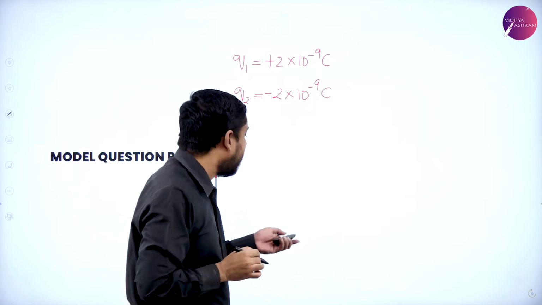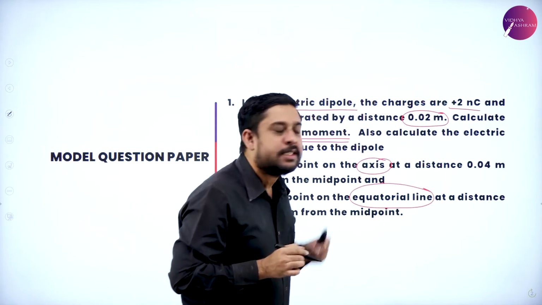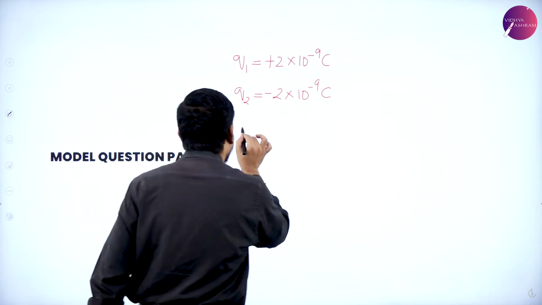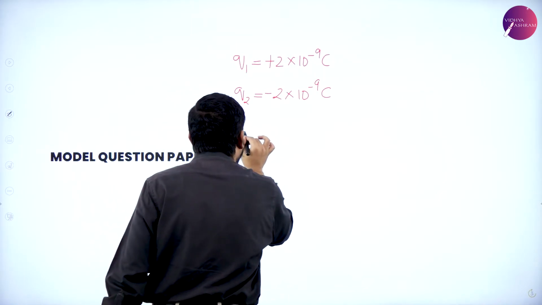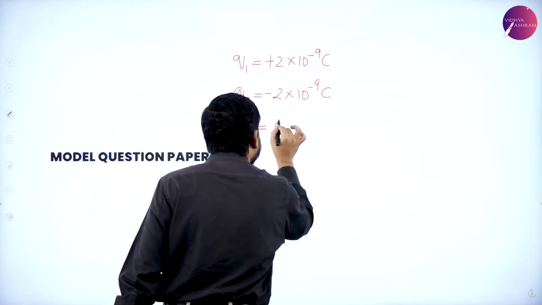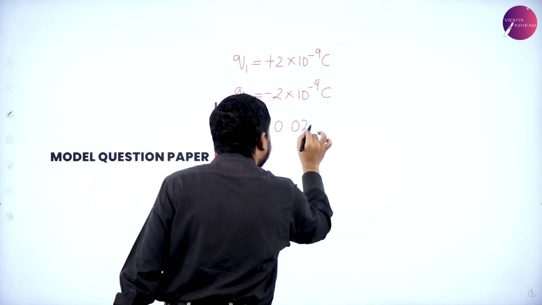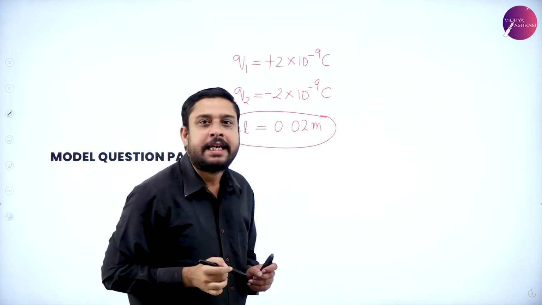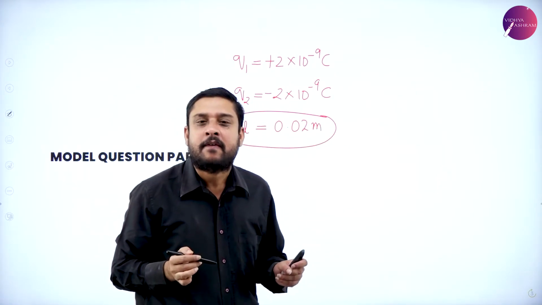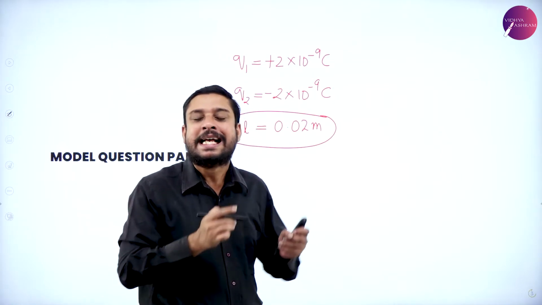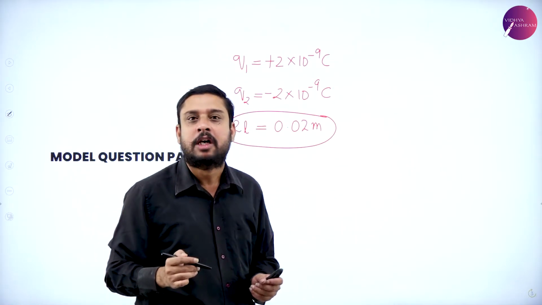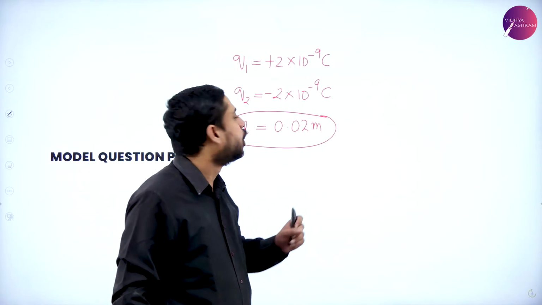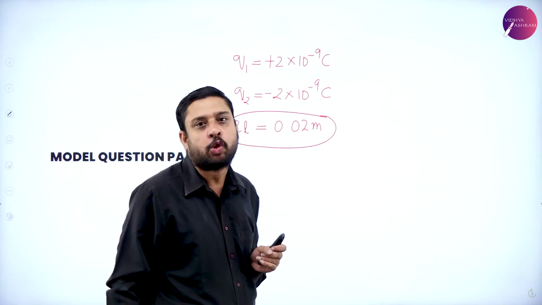The distance of separation is given 0.02 meter. So 2L is 0.02 meter. Very clearly in the concept we have understood the dipole length or the distance of separation between the two charges is 2L.